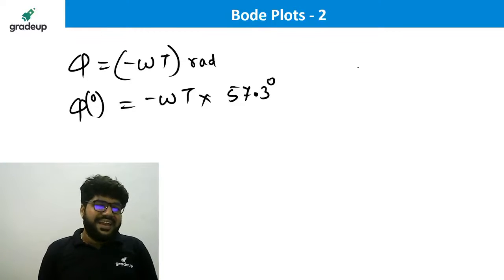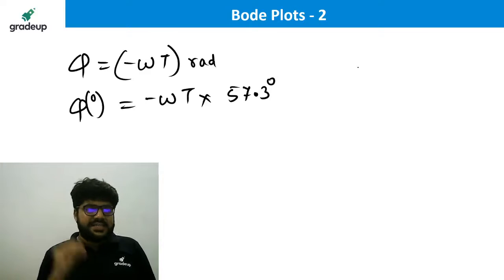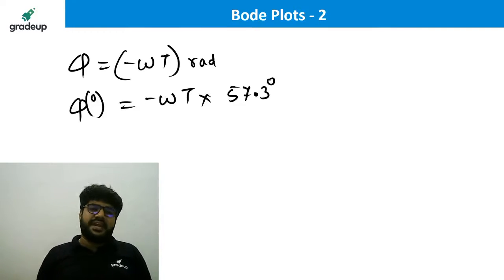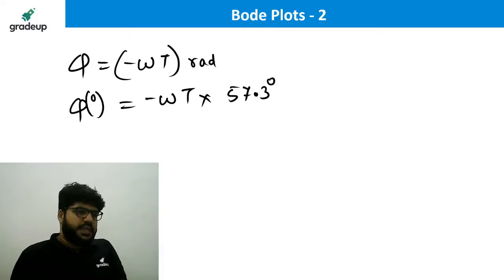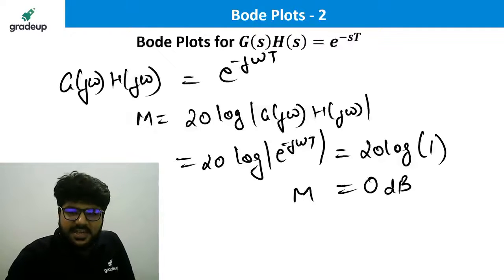Can you just guess, when I take the Bode plot of this, what should be the shape of the phase plot? In the Bode plot, magnitude is just 0.